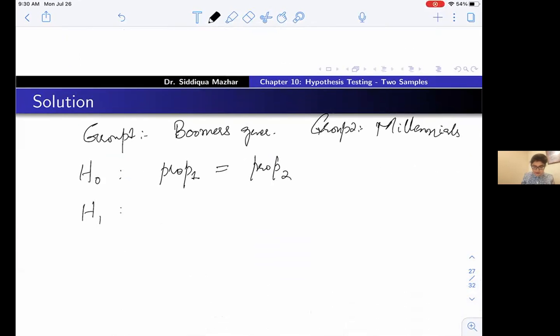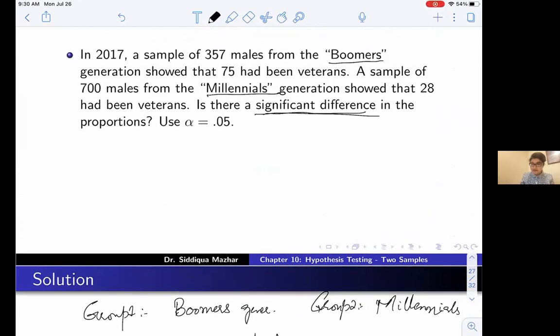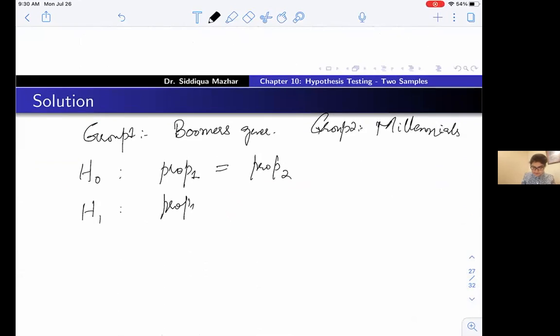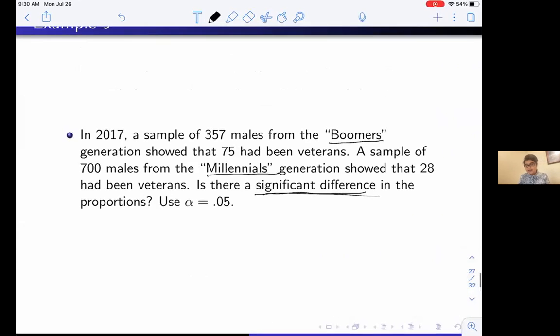And the alternative hypothesis is your claim: is there a significant difference? So prop one is not equal to prop two, because there is nothing written that the proportion for the first group is greater than or less than the proportion for the second group. If that were written, then we would write it down as the alternative hypothesis. It says, is there a significant difference? So I am going to say there is a difference between them.